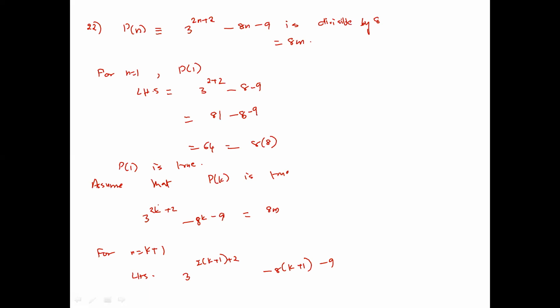So this LHS only I will simplify: 3 power 2k plus 2 and 3 power 2 separately, minus 8k minus 8 separately, and then minus 9. Now how will I use P of k here? 3 power 2k plus 2 I can write as 8m plus 8k plus 9.